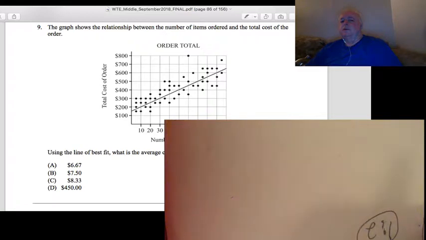All these dots are recorded data of the number of items ordered versus the cost. They created a line of best fit, which is basically a smoothing of all the data, making some sort of averaging of the pricing and the number of items. So they're asking us what happens at the line when it's 60 items. What would the answer be?